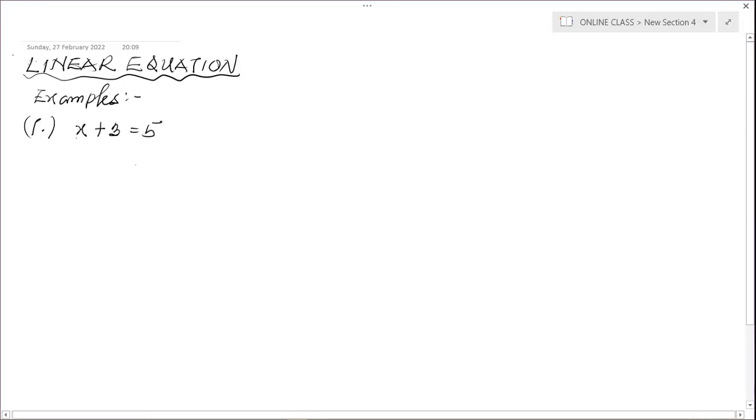They want you to get x. What's the answer to this? x equals 5 minus 3. You have to subtract now, and the answer is 2. You get that? Yes.